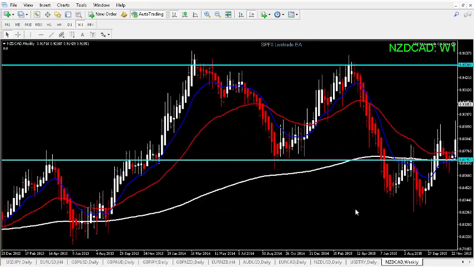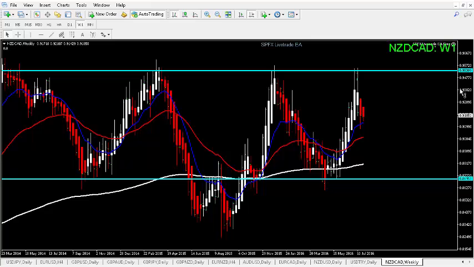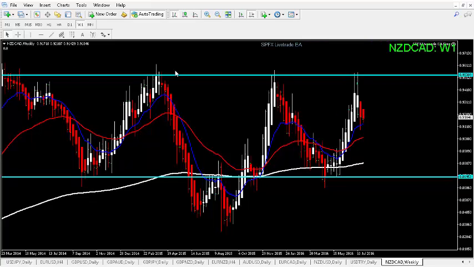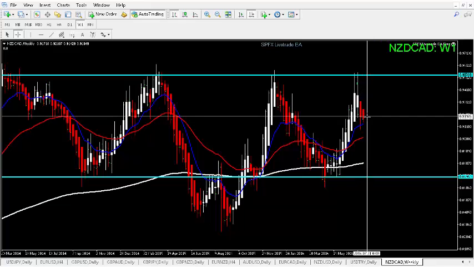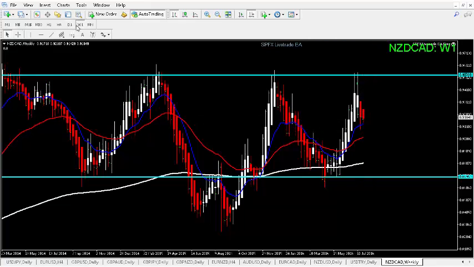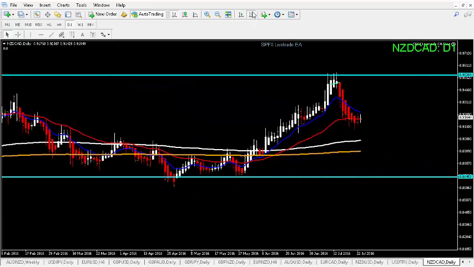Okay, and then we have another one, the New Zealand dollar, Canadian dollar. We had like short bounce trades here on this big wedge. Now it looks like it's moving slowly lower. So if you want to get into any trades here, you need a confirmation now, because the bounce has already happened up there.